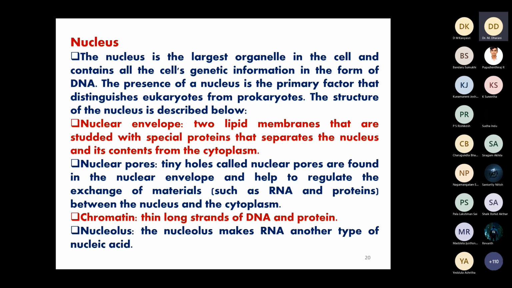And one more video I will show you shows how proteins are synthesized from DNA. Normally they say the nucleus contains all the genetic information, and heredity is carried from generation to generation.